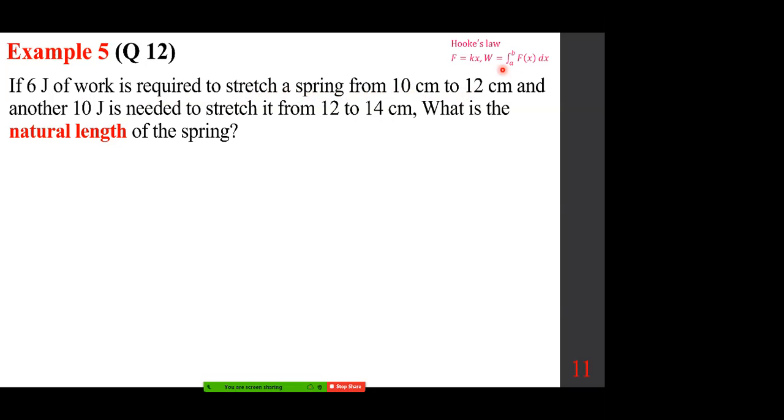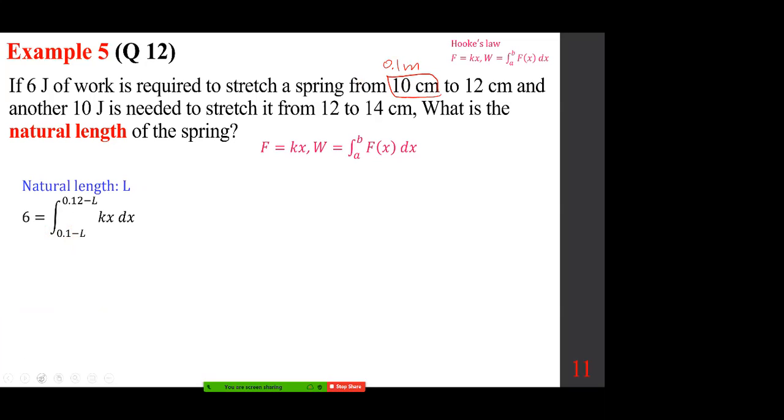Using this information, we don't know the natural length, so let's say L, class. If the natural length is L, first of all, 10 centimeters, let's change that to 0.1 meters, and 0.12 meters.